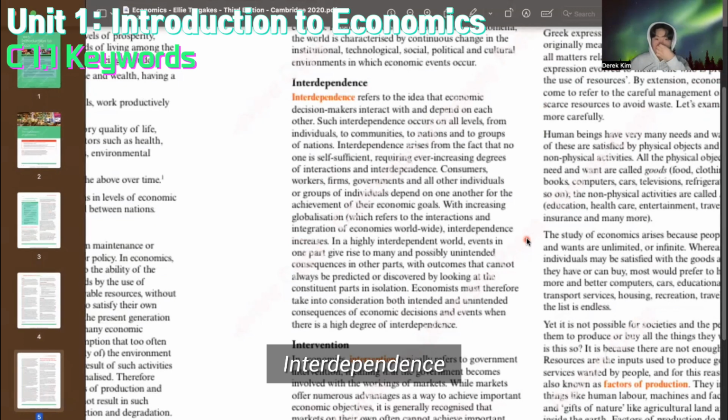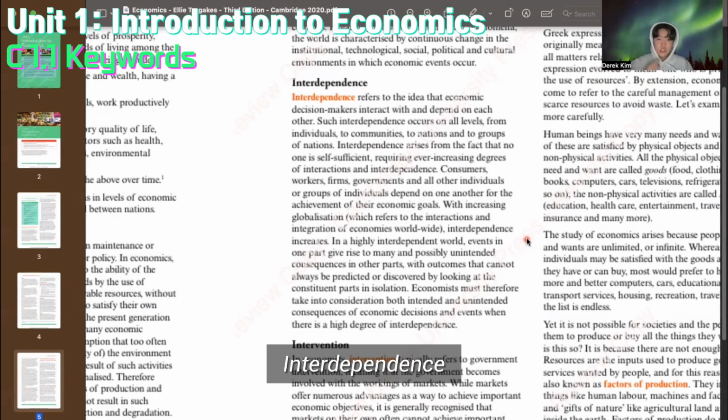Consumers, workers, firms, governments, and all other individuals or groups of individuals depend on one another for the achievement of their economic goals. We cannot become rich or successful by ourselves, right? Because you need people, you need consumers. If you're a web developer, you need consumers for your product.